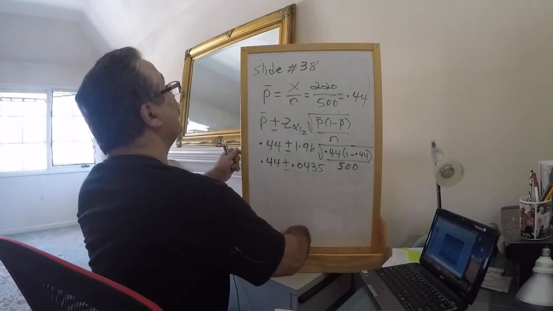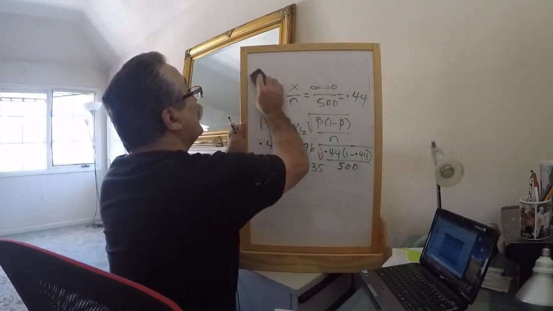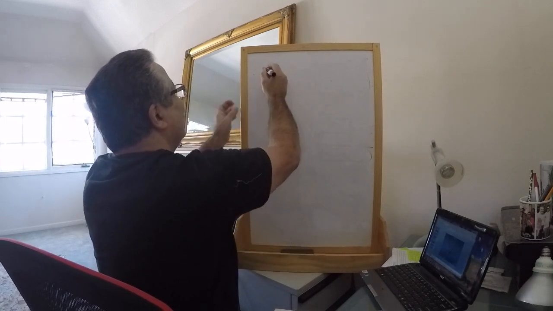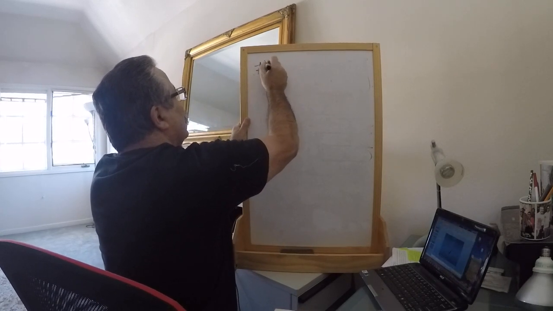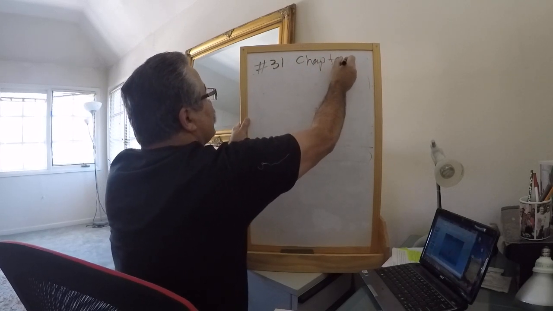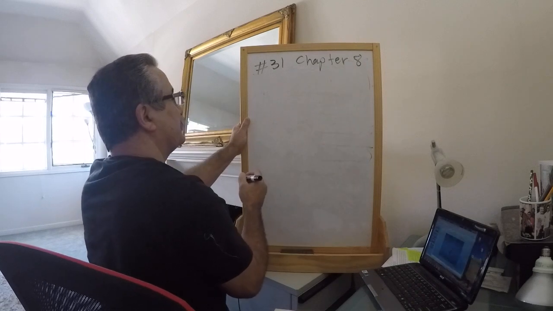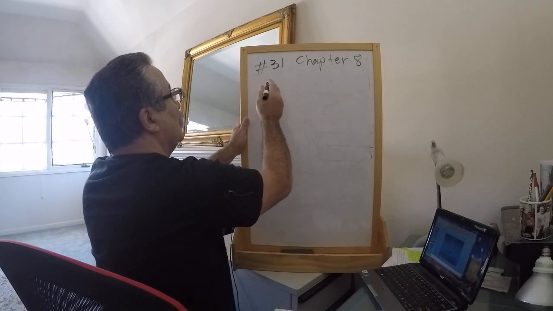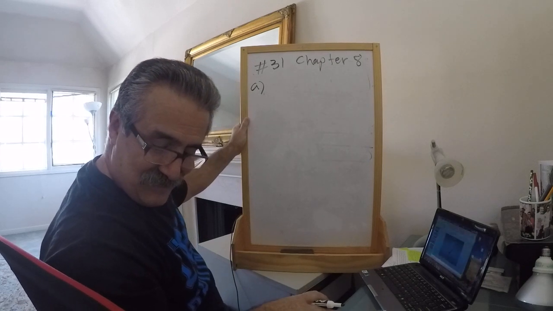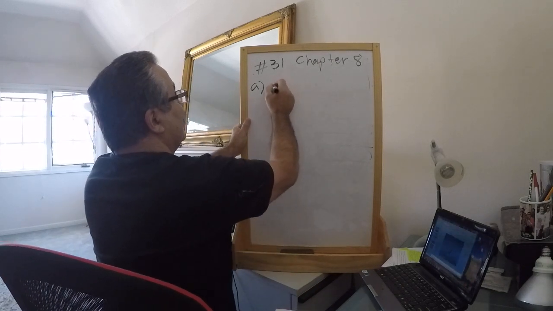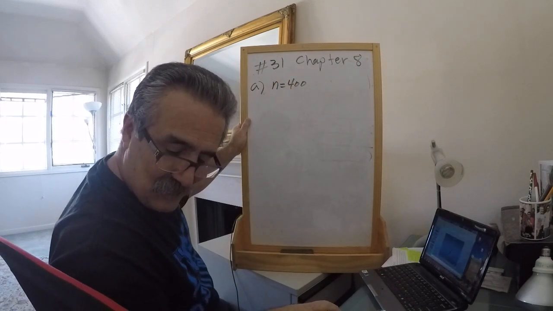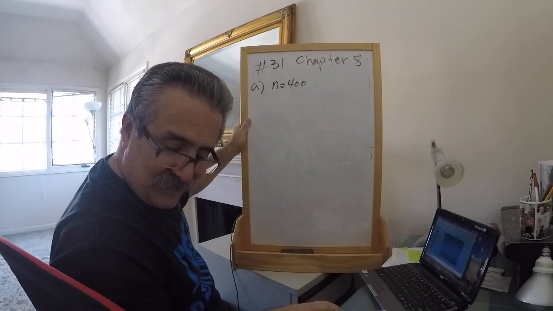I'm going to do problem number 31. Okay, number 31, chapter 8. Part A, sample of, they say, n is equal to 400. 100 yes responses.